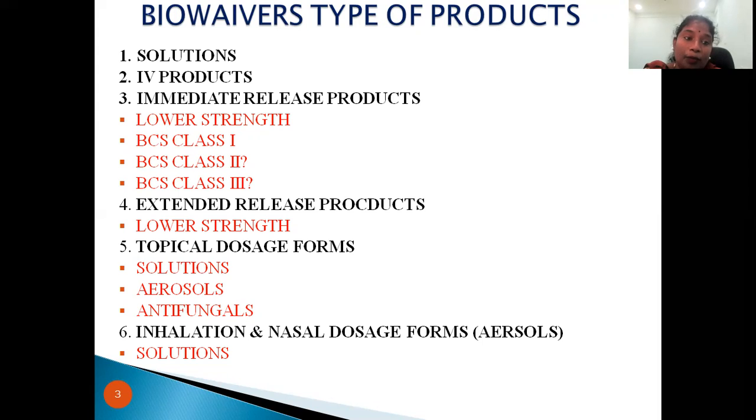For the IR products we are converting into biowaiver procedures, and BCS class 1 and BCS class 2 are questionable, and BCS class 3 also very questionable. So mainly they are considering high solubility, high permeability drugs with low strength. With immediate release products, they are following these biowaiver procedures.